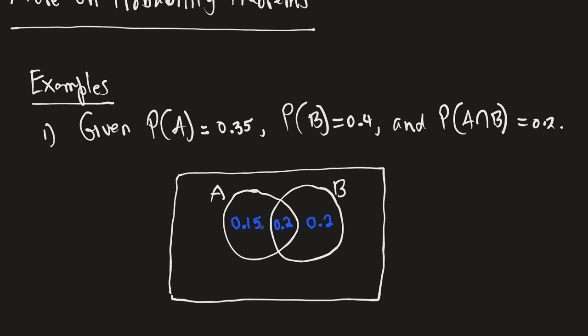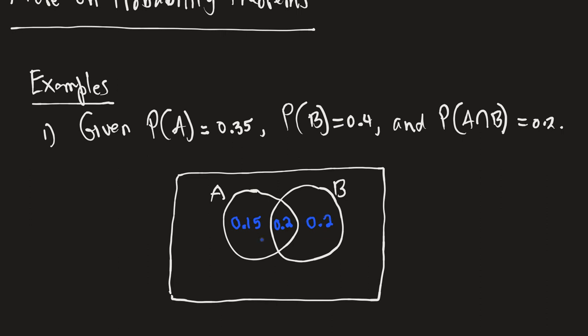We have 3 of them labeled. And this is where we get to use the probability of the entire sample space is equal to 1. So what goes outside, right? What is in neither of the circles is going to be 1 minus 0.15 minus 0.2 minus 0.2.